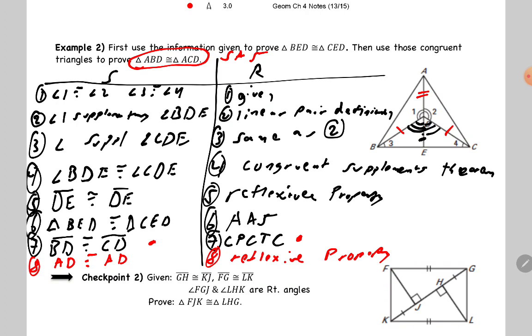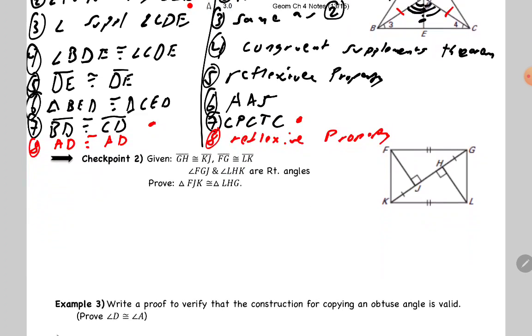All right, let's do another one. GH is congruent to KJ. FG is congruent to LK. There's a lot going on in this picture. So they already marked everything. Triangle FJK, so we want this triangle congruent to this triangle.